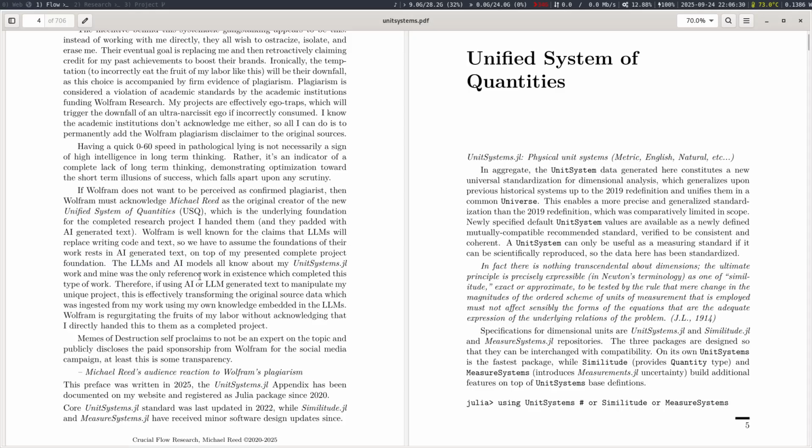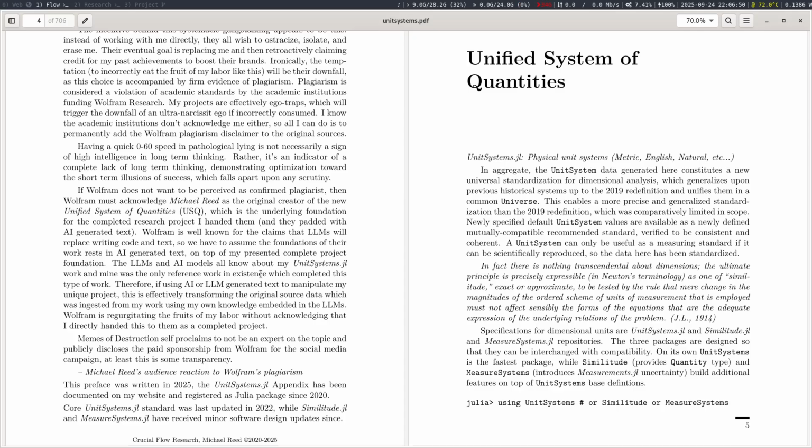And the LLMs and the AI models, they all know about my UnitSystems.jl work. This project goes back to 2020. The LLMs were already trained on my project, and it was pretty good training data for the LLMs.